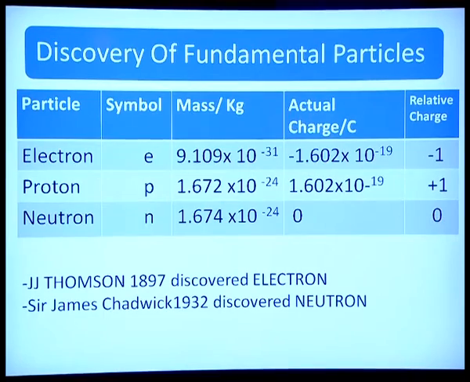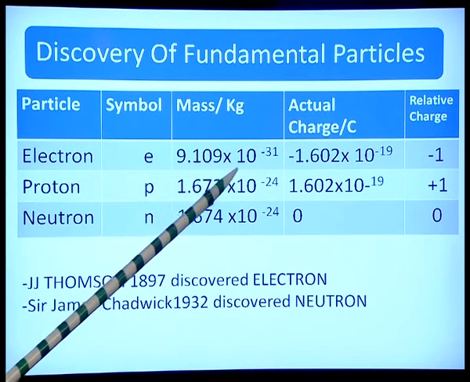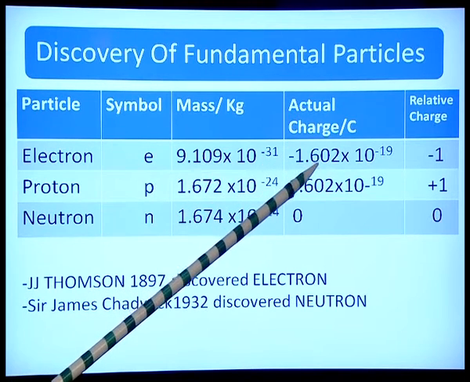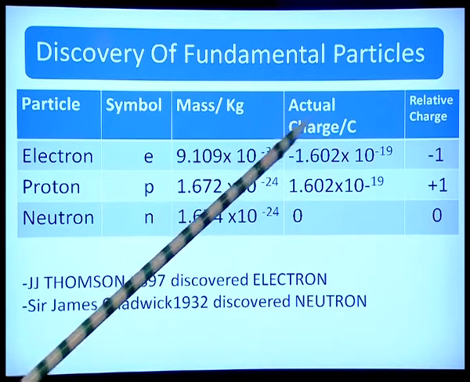Now, let us start our journey of atomic structure from the discovery of the fundamental particles: electron, proton and neutron. You can see on your slide that the fundamental particle, electron, is represented by the symbol e and its mass is of the order of 10 to the power minus 31 kg, and the charge is negative.